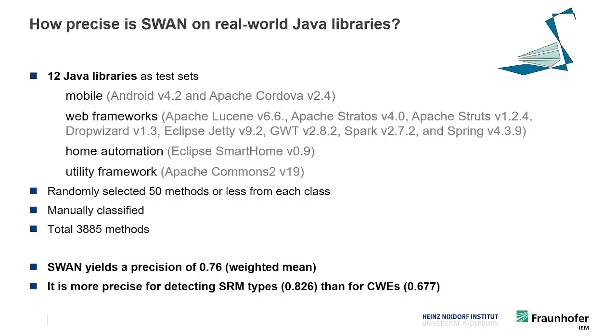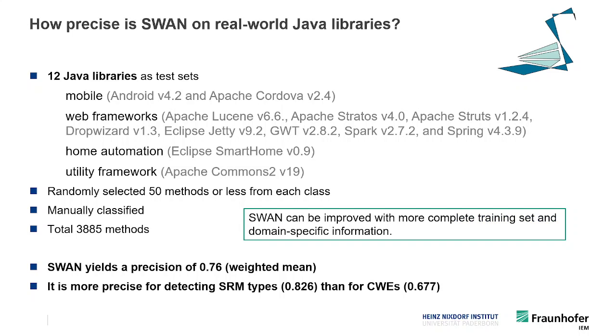We wanted to improve this, and based on our experiments and our process of creating these classifiers, we learned that all these CWE classifiers need much more domain-specific information, which is also based on the actual test data.